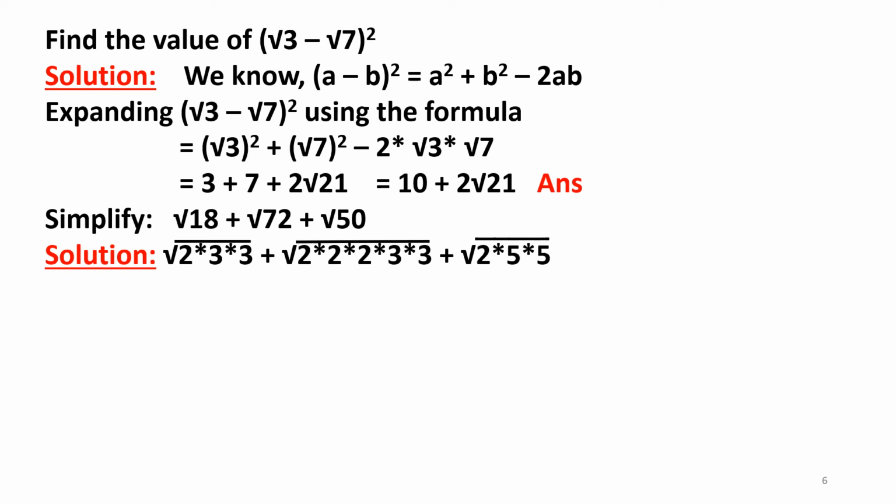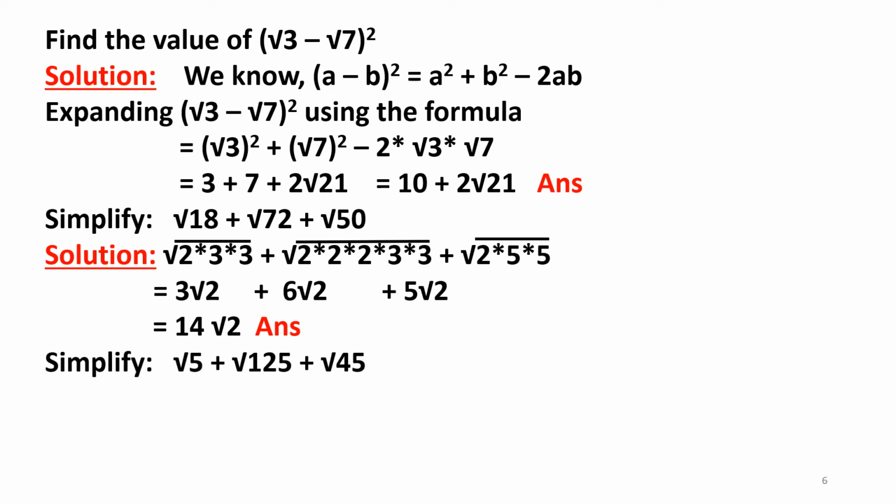So root 72 is 6 root 2. Similarly, root 50 is 5 root 2. Now can we add all these three? Yes, since inside the root all are equal. 5 plus 6 plus 3, 14 root 2. That is the answer.